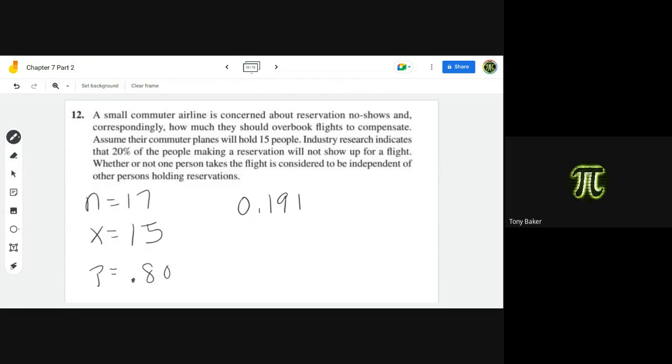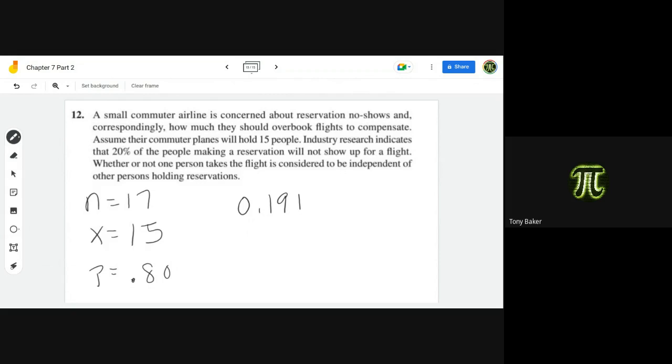What is the probability that one person will be bumped from the flight if I book 17 tickets? What would have to change? X. X is going to change to what? No. Would that be like, if there's 15 spots, would it be 16? Yes. My X is going to change to 16 because I want one extra person.